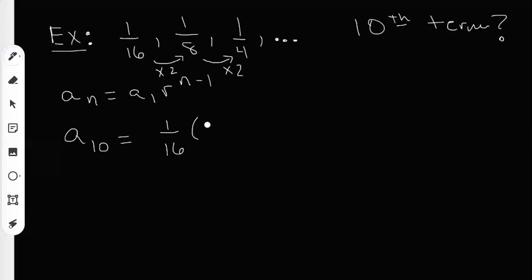Our r is going to be 2, and we need to raise it to the n minus 1 power. But what we have to do is figure out what n is. And our n is going to be 10, right? So I'm going to replace this n with a 10.